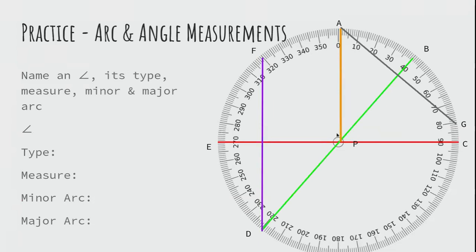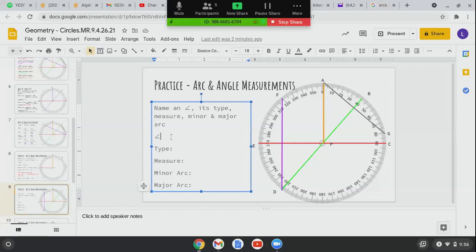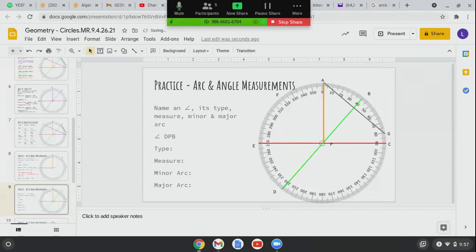All right, so DPB. So now we got angle DPB, as in boy. All right, so I'm going to take out all of the lines that do not relate to the angle that you are talking about.